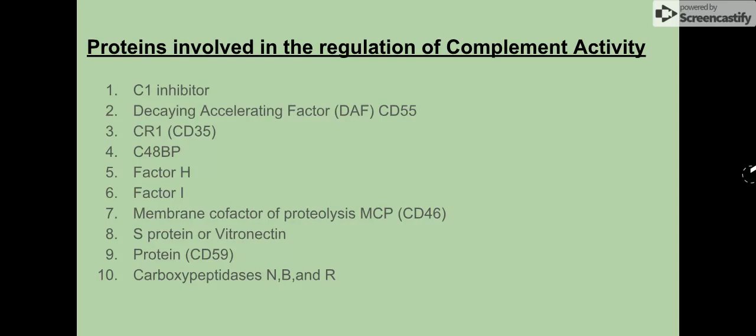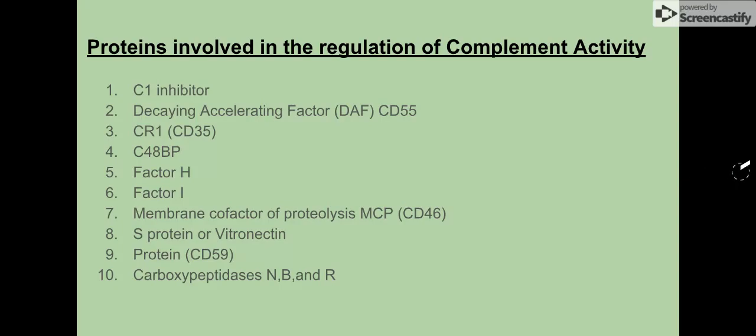It binds soluble C5b67 and prevents insertion into host cell membranes. Number nine is the CD59 or protectin. It binds C5b678 on host cells, blocking binding of C9 and the formation of the MAC complex, and it affects all pathways.